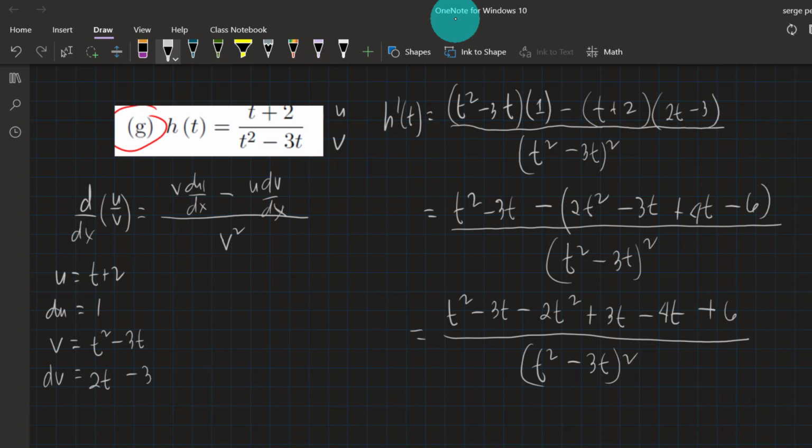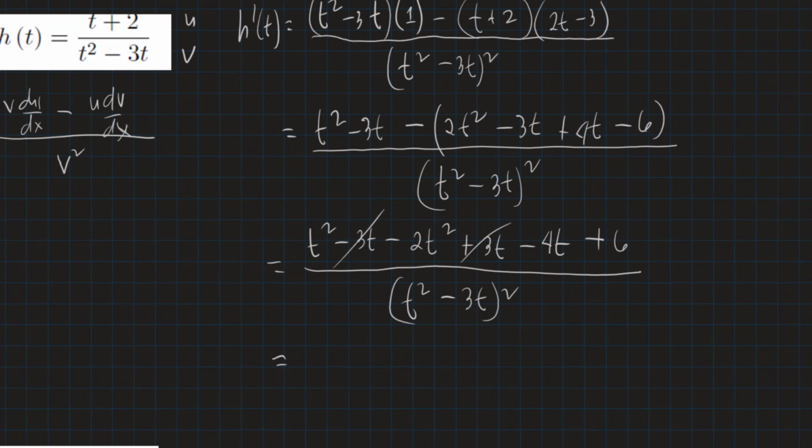So, ba't hindi nyo pa pinagsama to? Wait lang. Kasi ito, negative 3t at saka positive 3t, cancel ko na yan. Diba? Kakancel mo rin naman eh. Bakit pagsasamahin mo pa sila? So, t squared minus 2t squared is negative t squared.